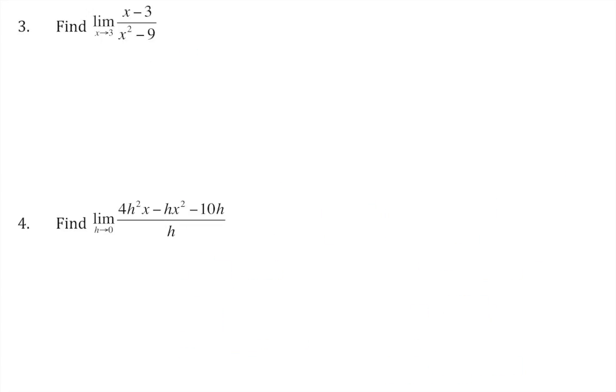Now this one here. If I let x equal 3, I'd get 3 squared take away 9. 3 squared is 9, 9 take 9 gives 0. And you can't have 0 on the bottom of the fraction, which, remember I said, we'd have to factorise. So let's have a look at what we've got here. The limit as x approaches 3 of x take 3. That's not going to change, but on the bottom, x squared take 9 is a difference of 2 squares.